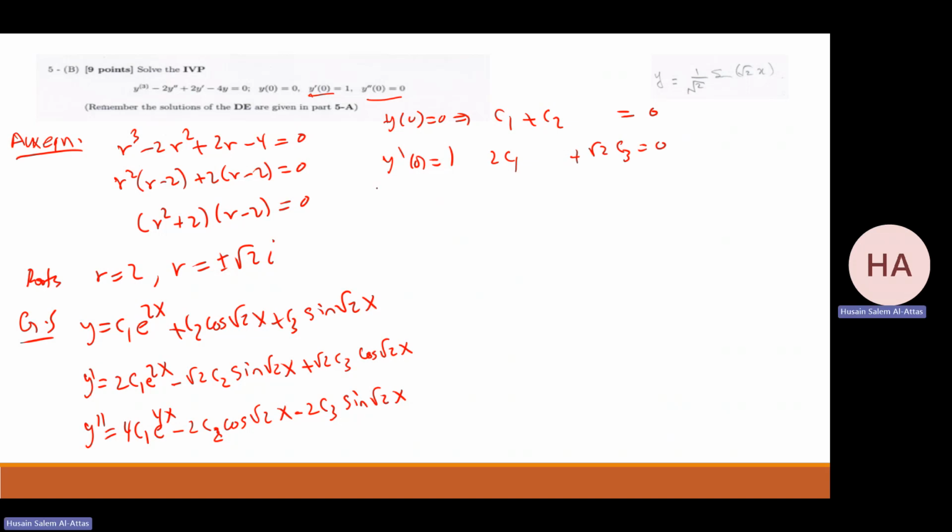The last one, y double prime at 0 equals 0, so I have c1 minus 2 c2 and the last term is 0.